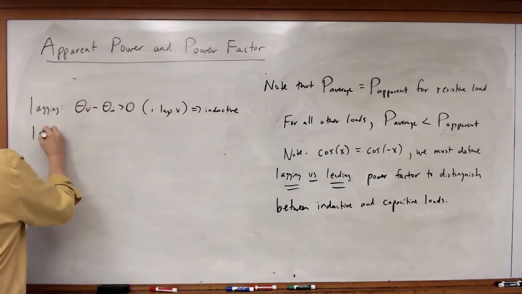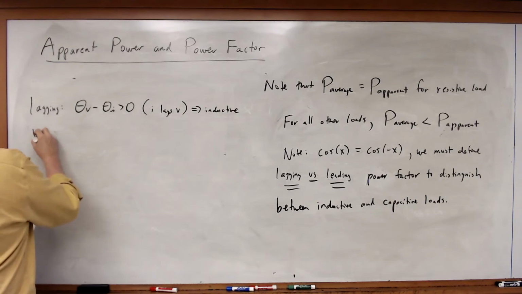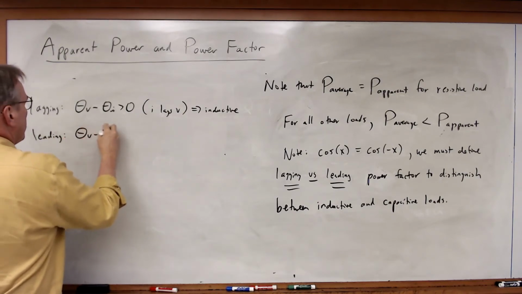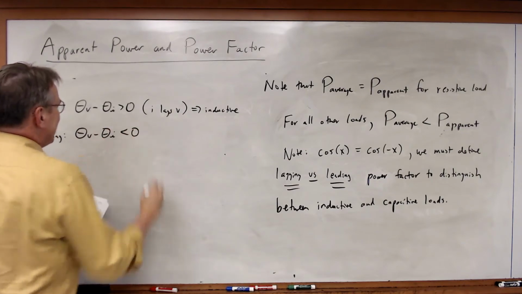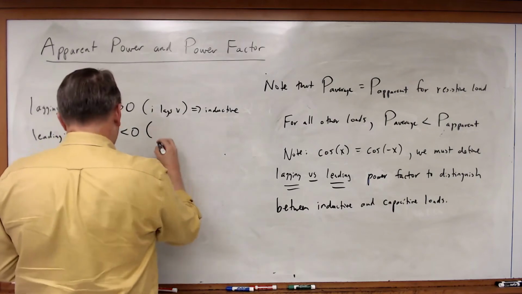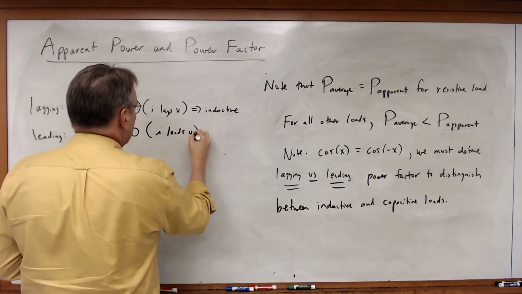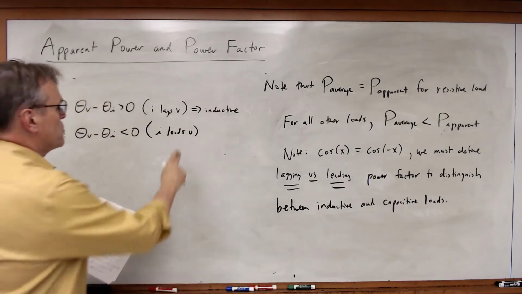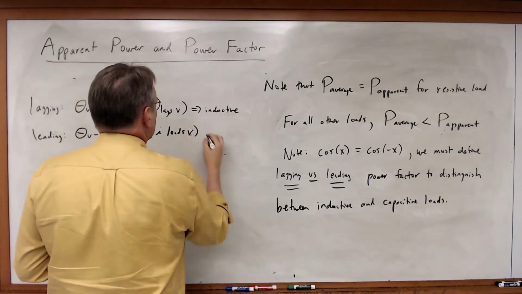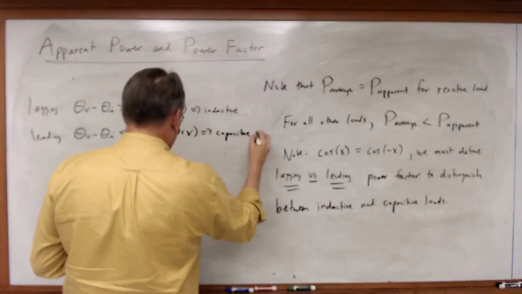A leading power factor occurs when theta sub v minus theta sub I is less than 0, when it's negative. In other words, I leads V. Current leads voltage. And in this case, that indicates a capacitive load.